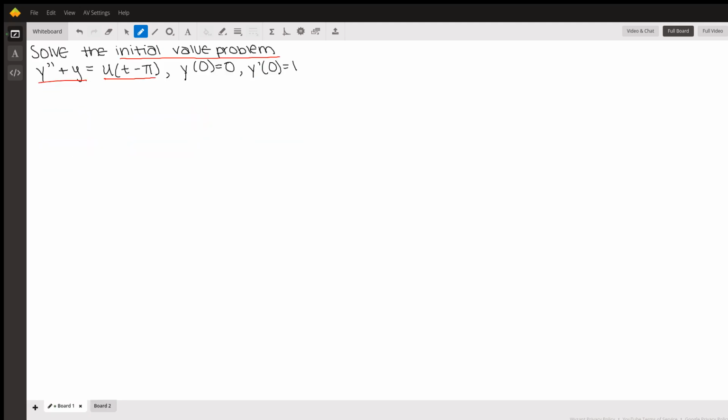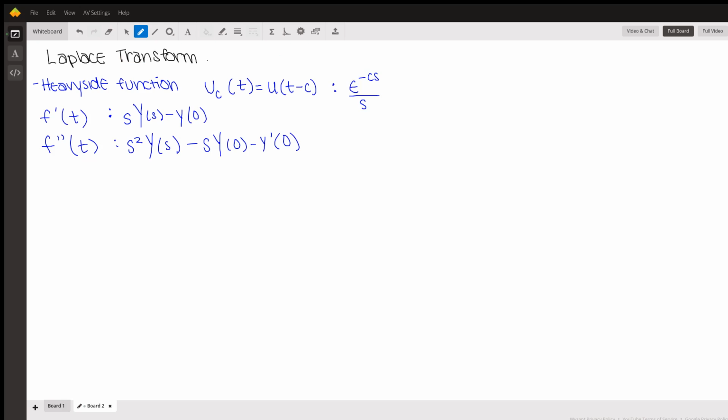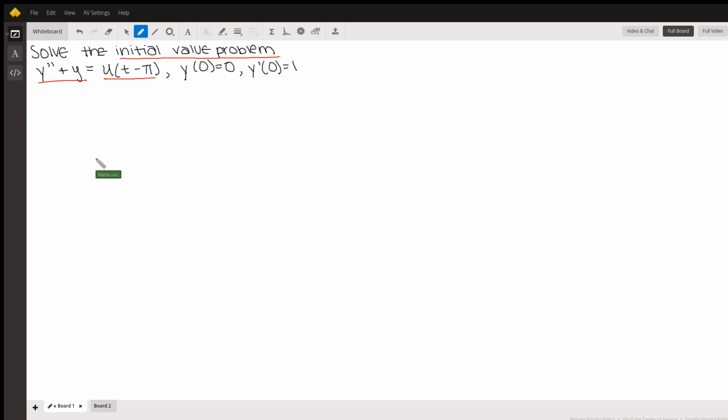So on the right side of the equation, it's the Heaviside function, and this is the Laplace transform of that. And then on the left side of the equation, there's f prime of t and f double prime of t. So those are the two ones we would be using. So writing those transforms down, it'd be s squared Y of s.